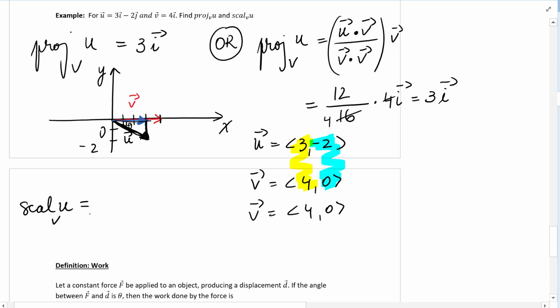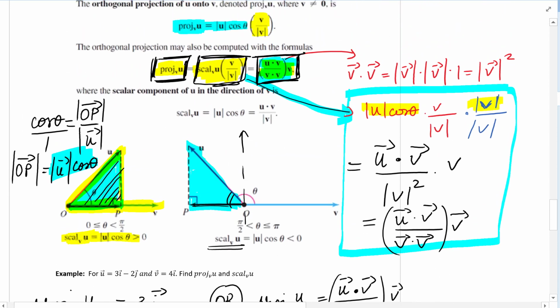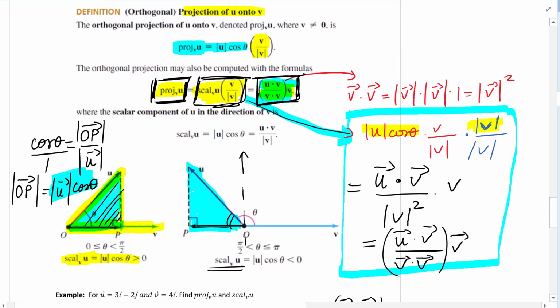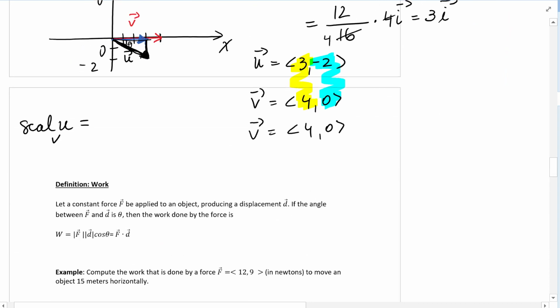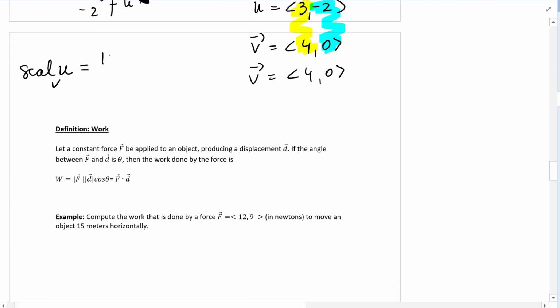Now, we also had to find the scalar of u onto v. If we take a look at the formulas, the scalar of u onto v is given by the dot product of u and v over the magnitude of v.